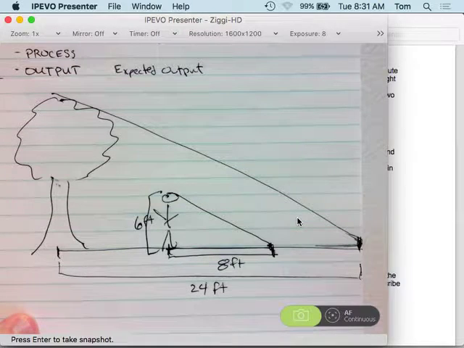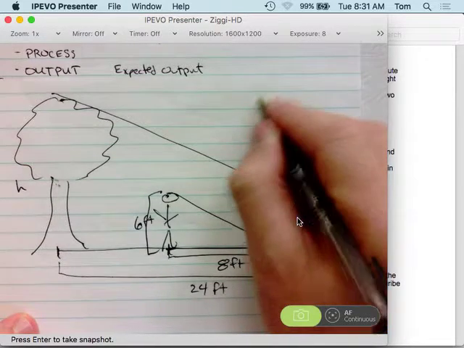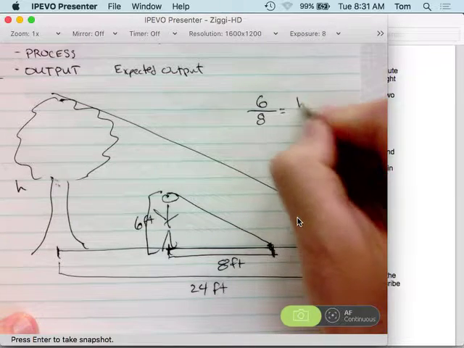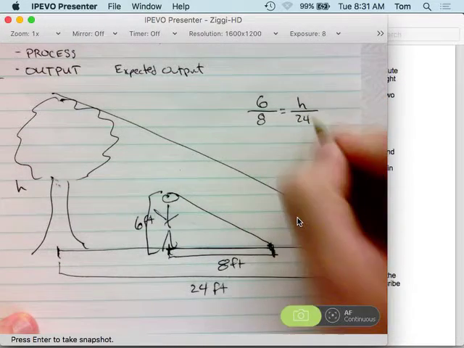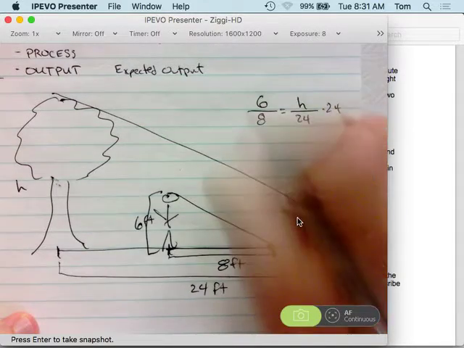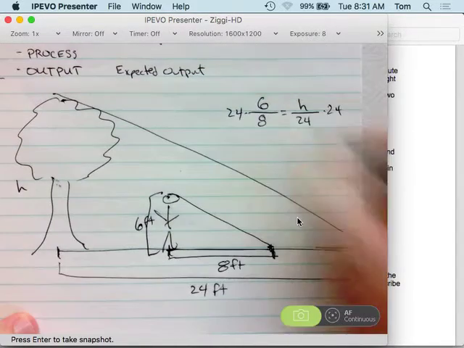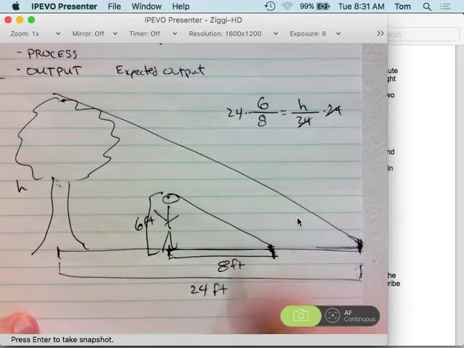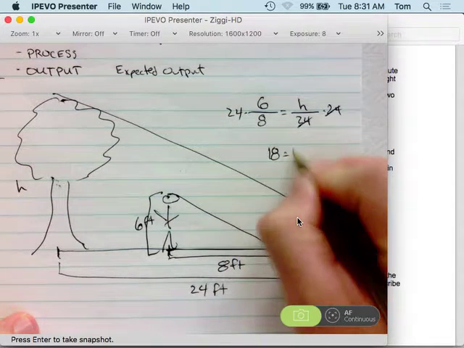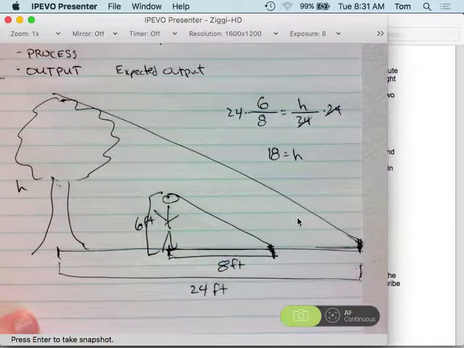Can I set up a proportion to figure out the height of the tree? My height to my shadow length should equal the tree height to the tree shadow length. If you multiply by 24 on both sides, those 24s cancel out. 24 divided by 8 is 3, and 3 times 6 is 18. So the height of the tree should be 18 feet.